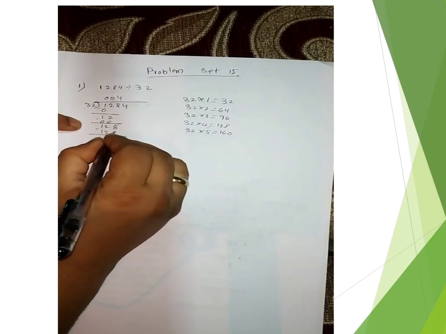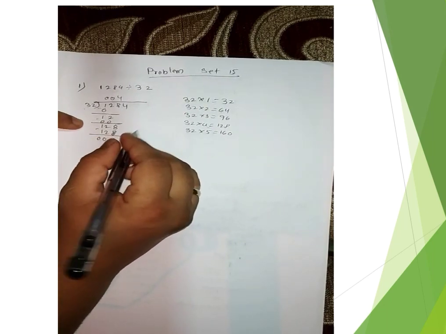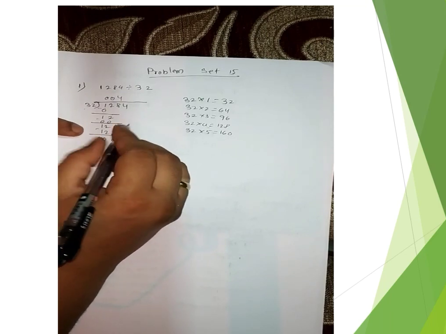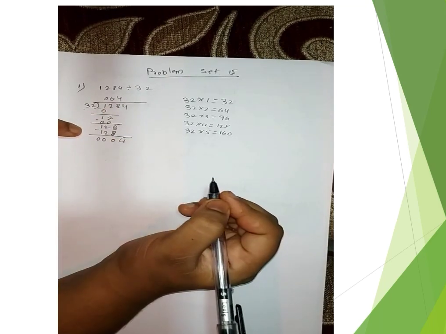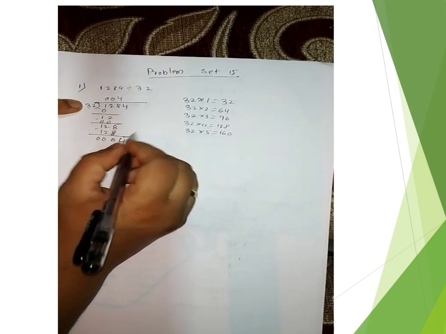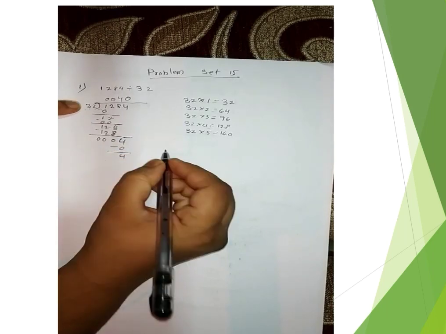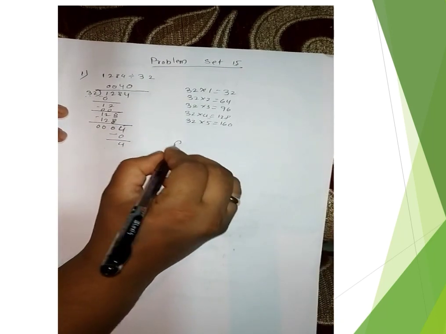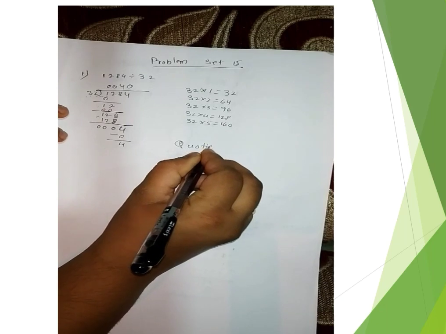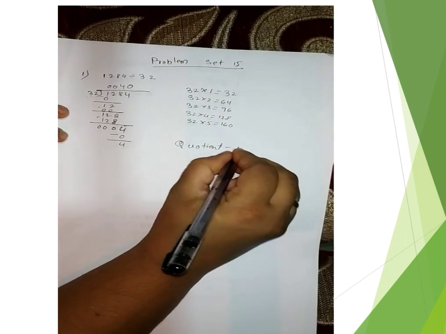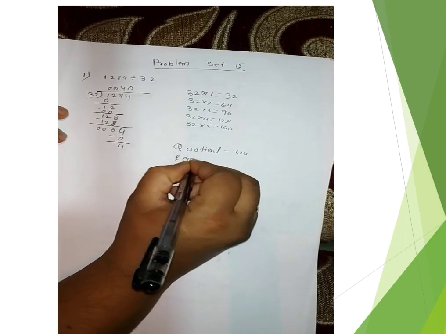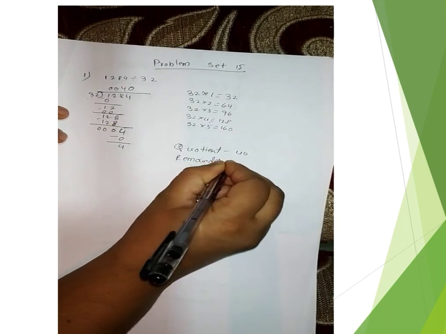This number subtracted from the same number will give us the answer 0. Then we will bring 4 down. 32 into 0 is 0, so 4. So here the quotient is 40 and the remainder is 4. Understood?